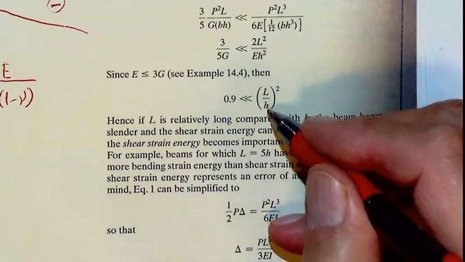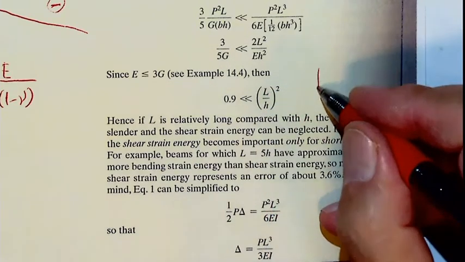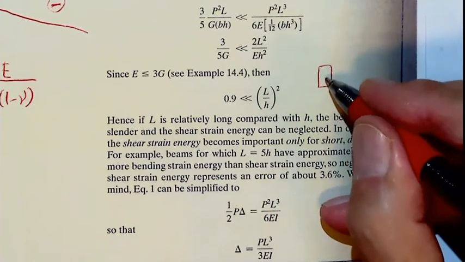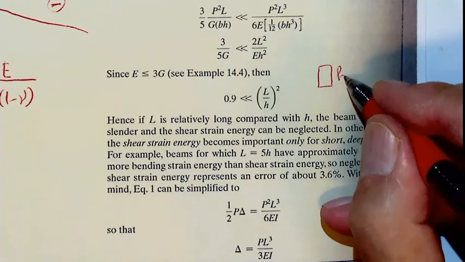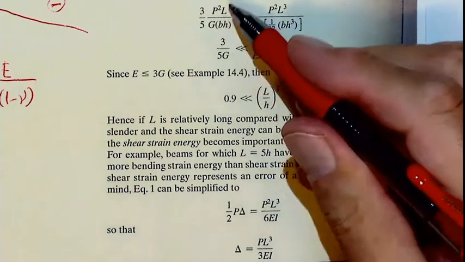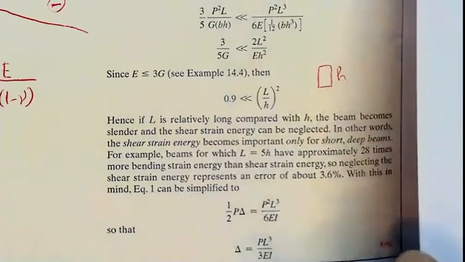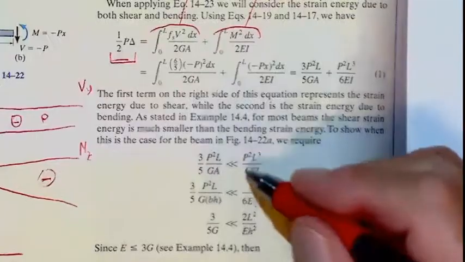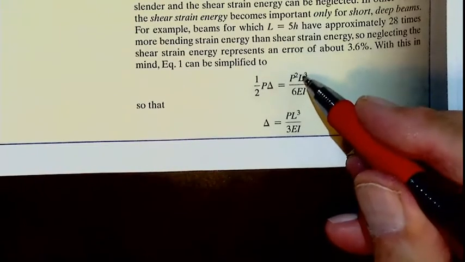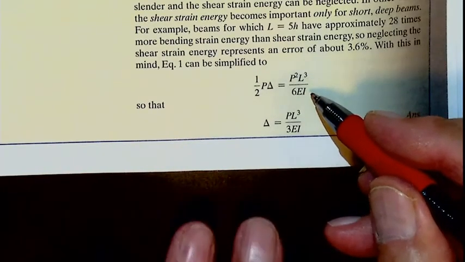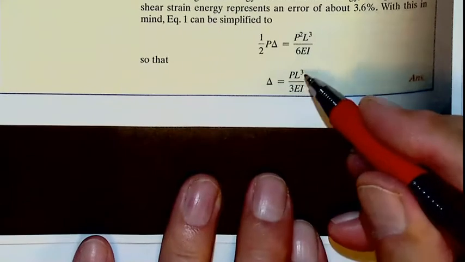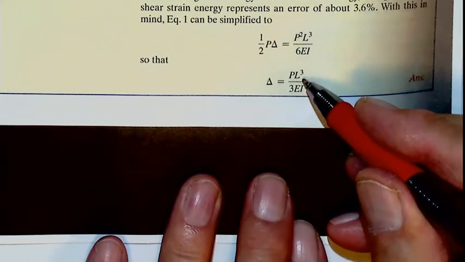Naturally, the length is much bigger than the height of the beam's cross section, that is H. Therefore, we can neglect this term, and we get just this term. 1/2 P delta equals P squared L cubed over 6EI. And we get delta equals P L cubed over 3EI.